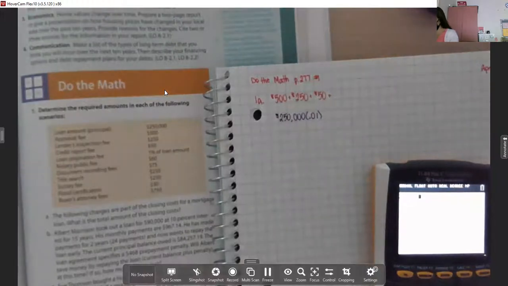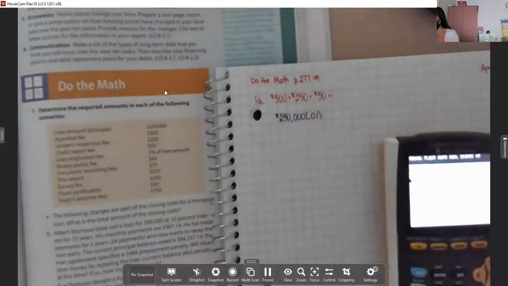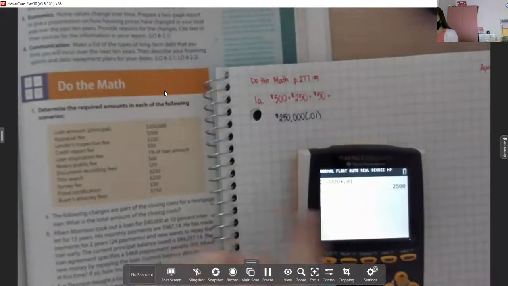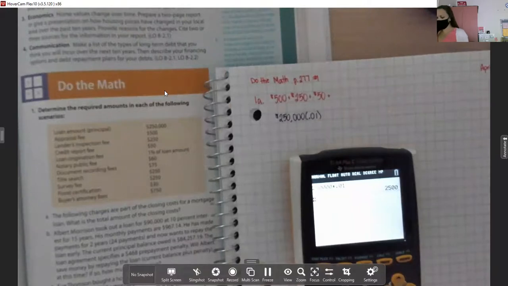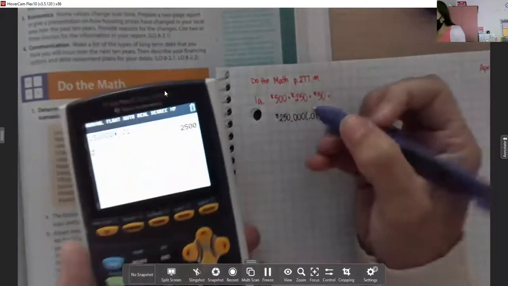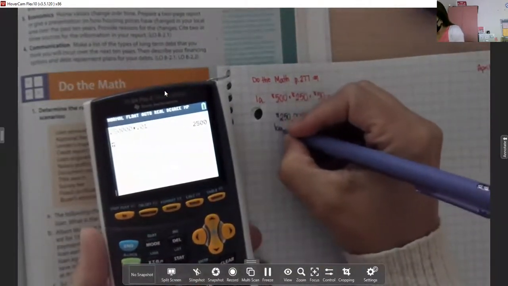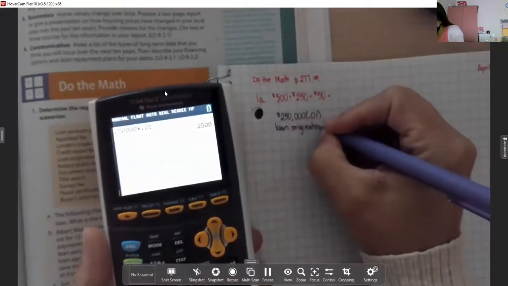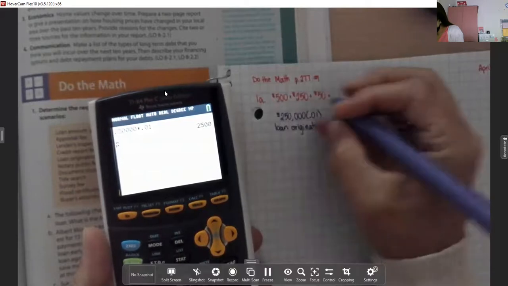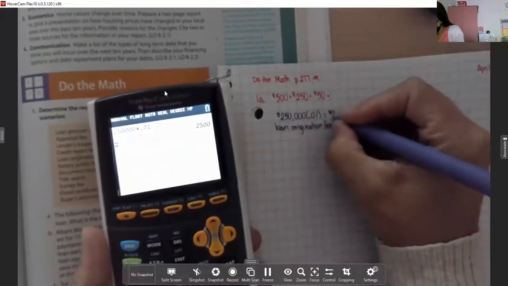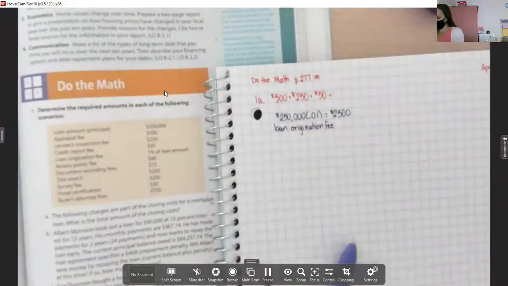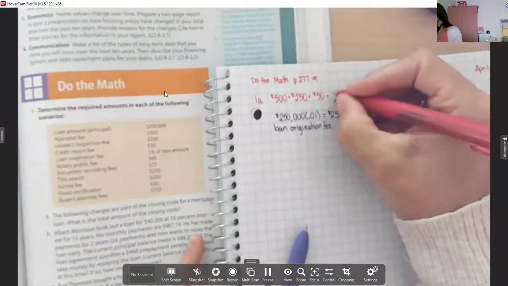So that's $2,500. That is the loan origination fee. I should have written that part first, sorry. So that's $2,500. That's 1% of the loan amount. So this 2,500 goes right there.